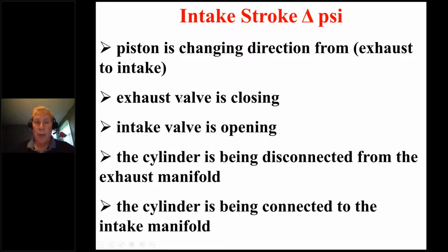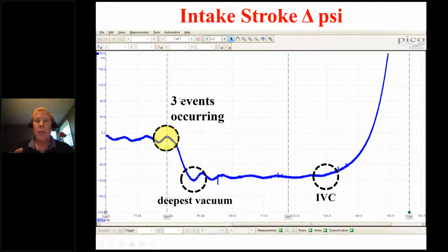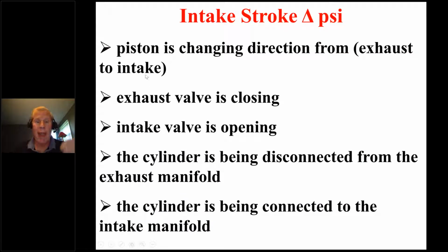The piston is changing direction. So we're going from piston approaching top dead center, now being dragged down as we start the intake stroke. And anytime a piston changes direction, there's going to be a pressure change. We have an exhaust valve that is closing, and we have an intake valve that's opening. So I have three events that are occurring at about the same time.